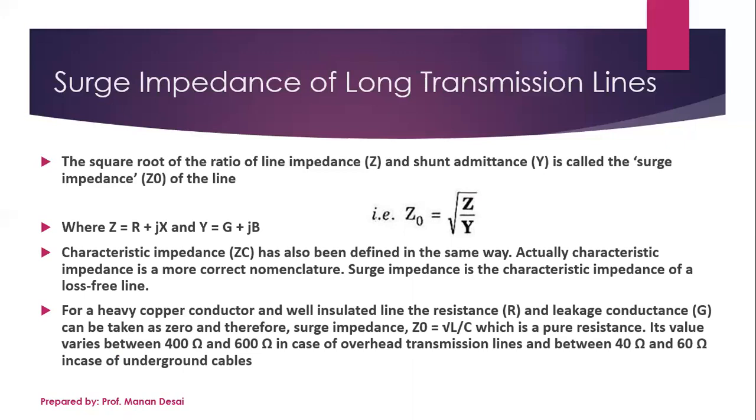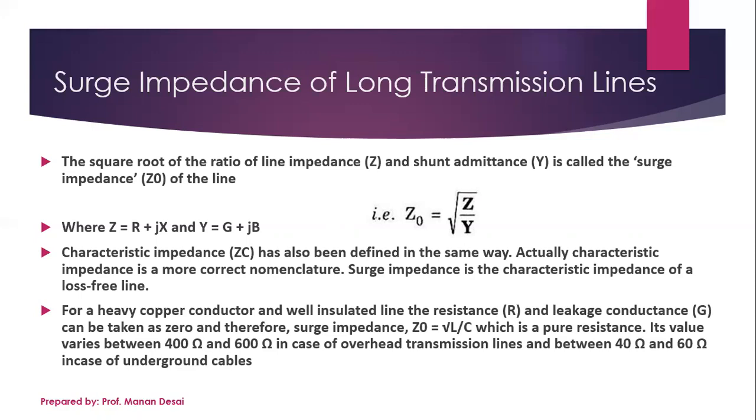I repeat, for a heavy copper conductor where the losses are negligible, and a well-insulated line where resistance and leakage conductance are nil, they can be taken as 0, and therefore surge impedance Z0 is equal to under root L by C, which is a pure resistance.